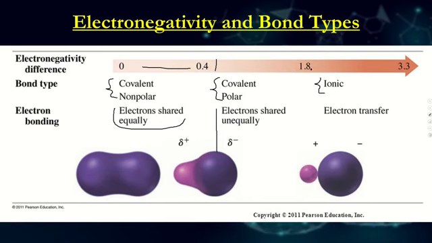From about 0.4 to about 1.8 or even 2, it's still going to be covalent, so still between mostly nonmetals, but it is polar, which means the electrons are now shared unequally. Anything beyond 1.8 is just electron transfer, so here we have positive and negative particles.